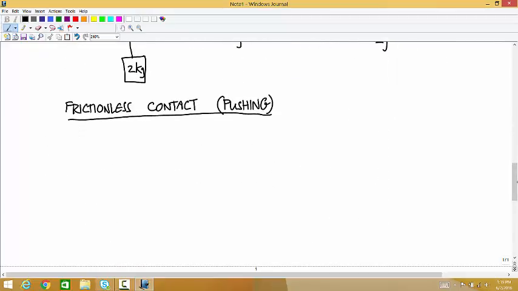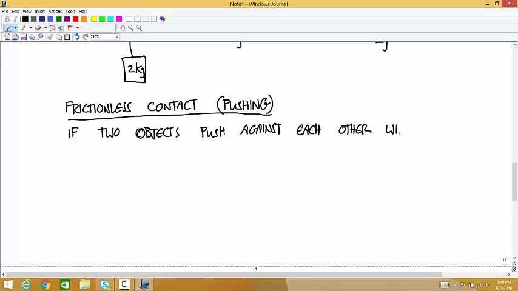So for frictionless contact, if two objects push against each other without friction, the contact force is perpendicular to the surface of contact.